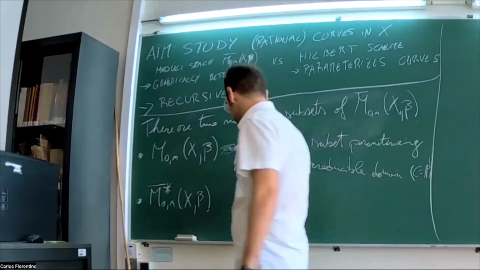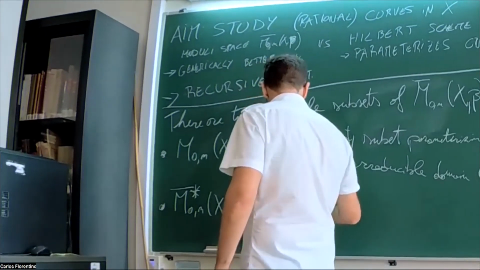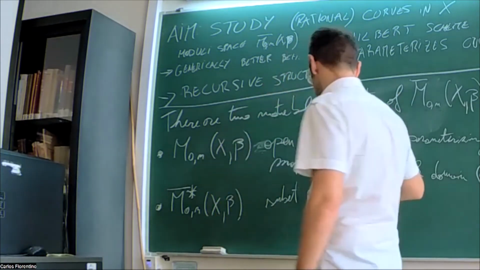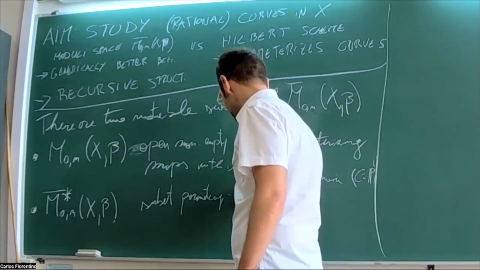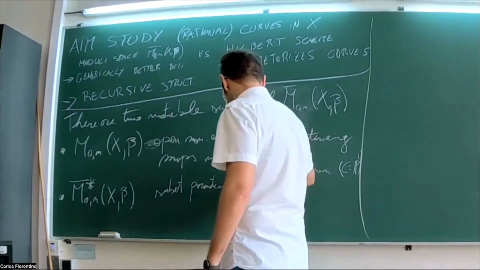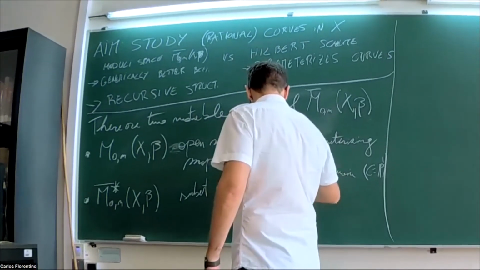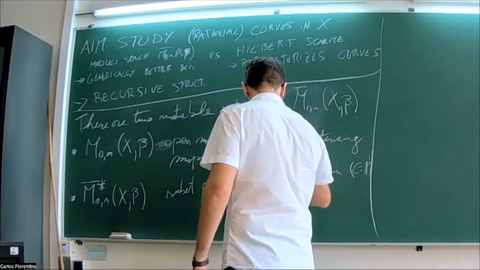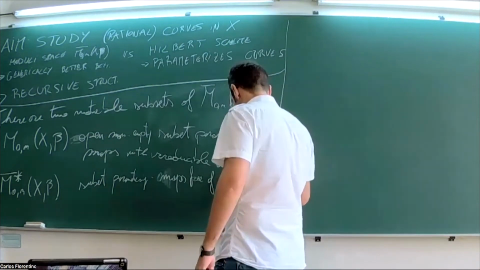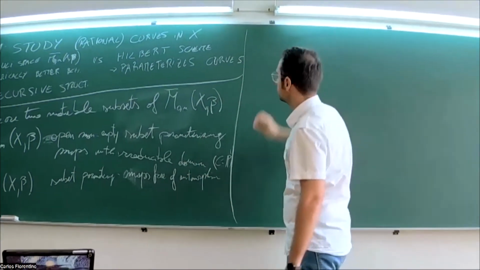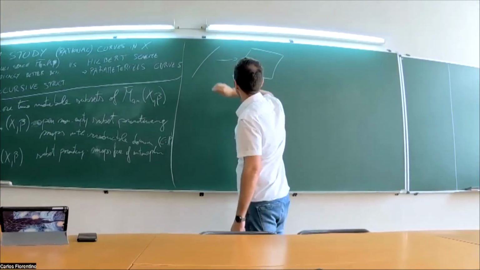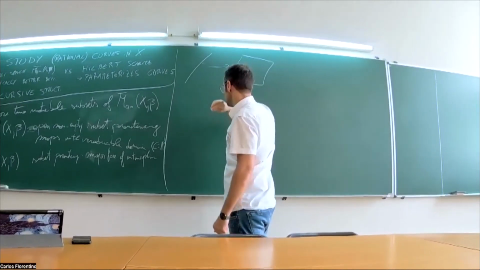And this is the subset parameterizing maps free of automorphisms. What does it mean? The first one is just this, with irreducible domain. The second one is curves without automorphism.